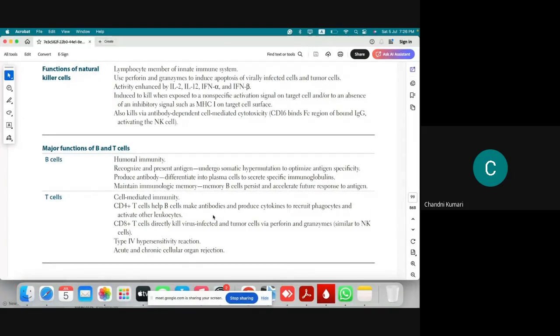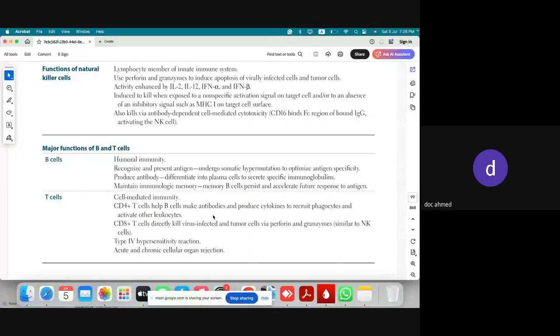So how do these natural killer cells lead to destruction? As we already discussed, whenever cells do not have MHC class 1 on their surface, natural killer cells are going to kill them. What is their mode of killing? They release perforins and granzymes.